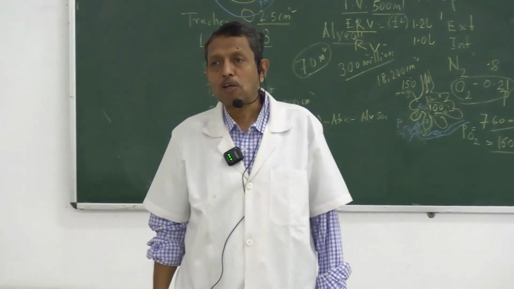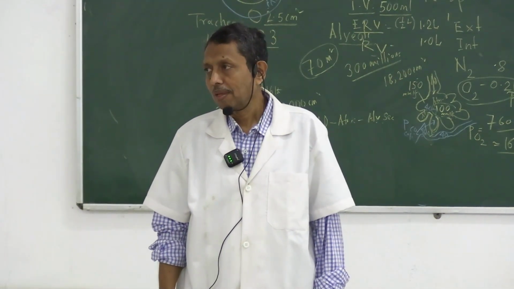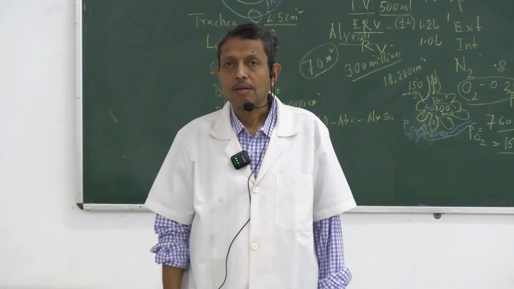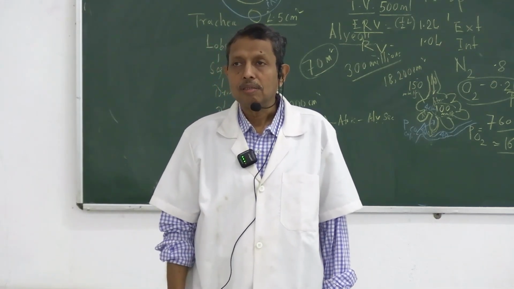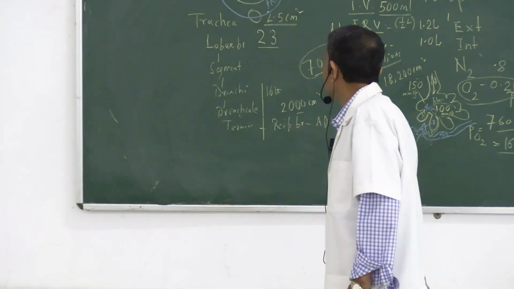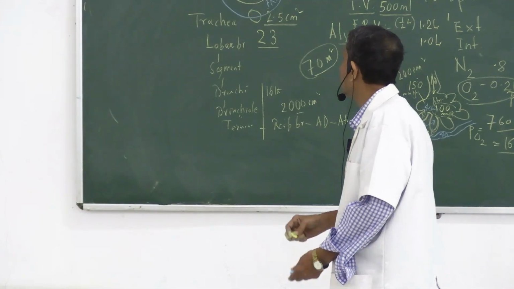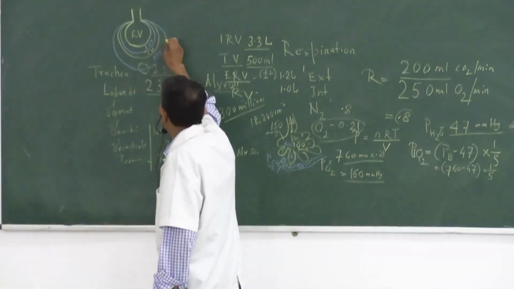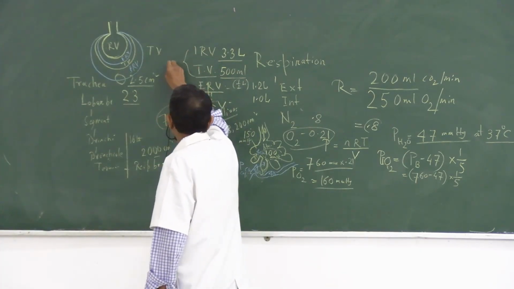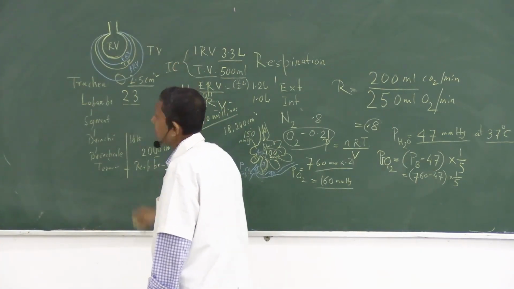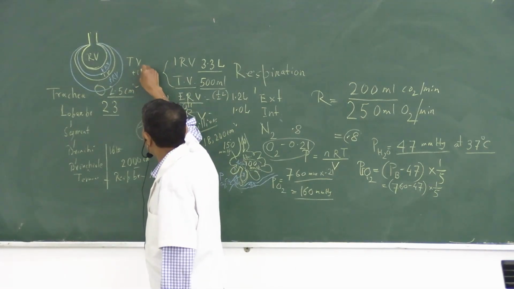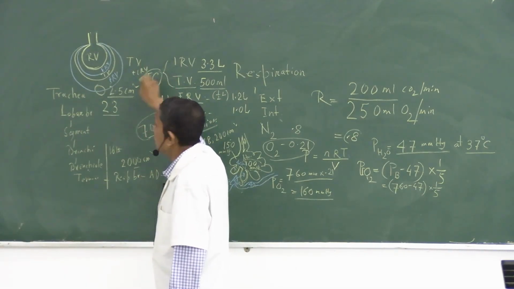For the record of the spirometry, you will find this. Combination of volumes forms the capacity. Tidal volume plus inspiratory reserve volume is called inspiratory capacity.